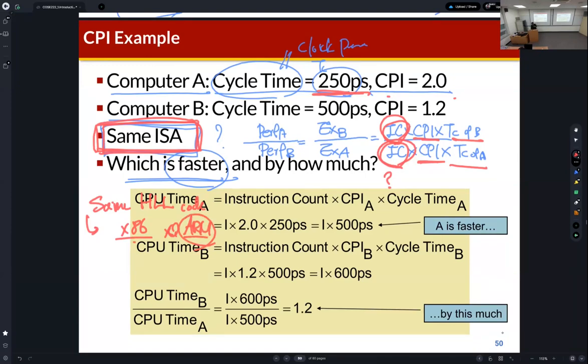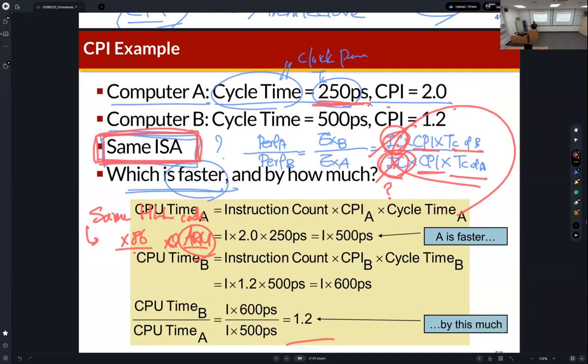Then IC is the same. Because the IC is the same, you can remove this part, and then you can compare the performance using CPI and clock period. 1.2. Understand? Okay, it's very important.